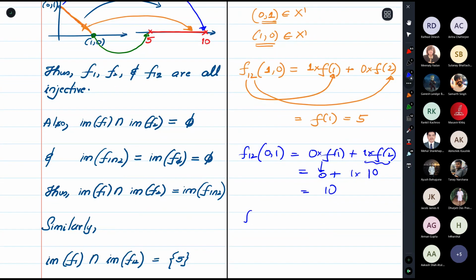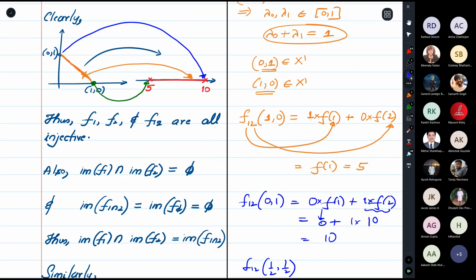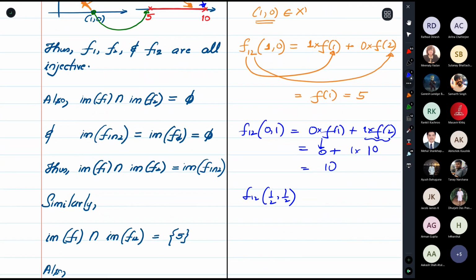Now let's see something like f12 of (half, half). I hope you agree that (half, half) will be somewhere over here. So this would be half of f of 1 plus half of f of 2. So this will be (5 plus 10) over 2, which will be 7.5.